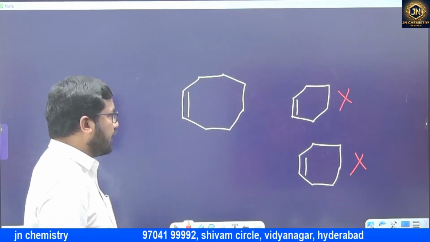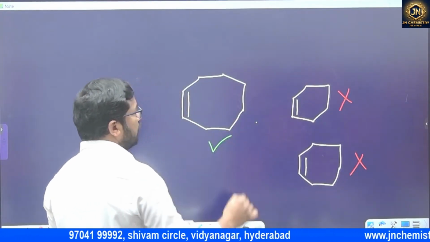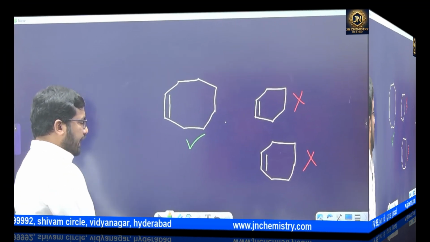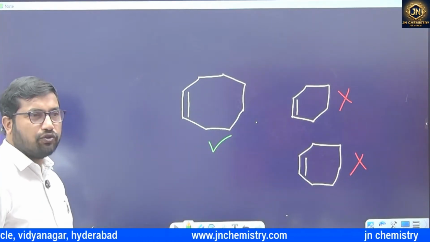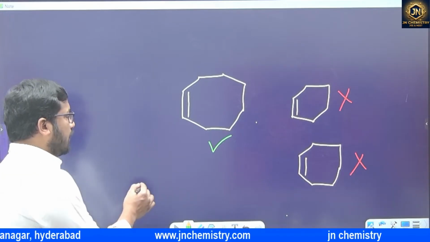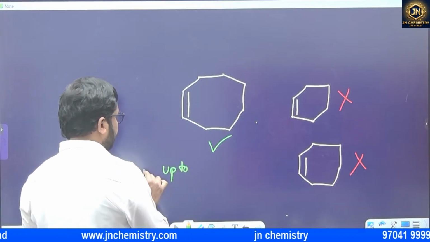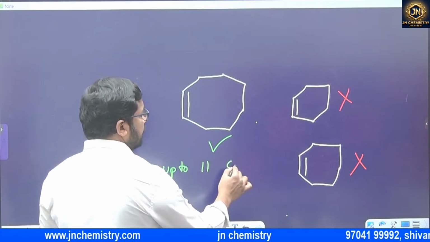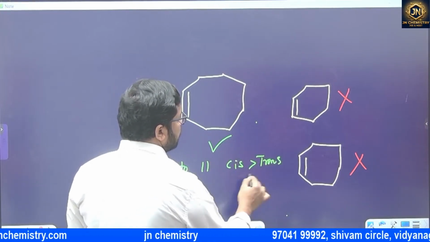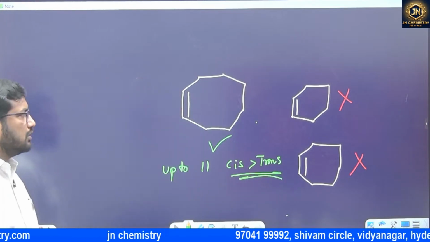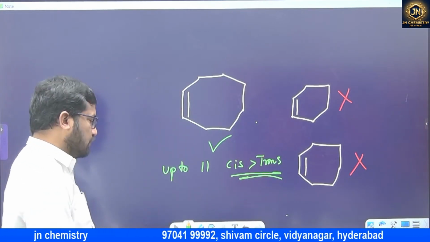And for 8 to 11, generally trans is more stable, right? But up to 11, up to 8 to 11, cis is greater than trans. Cis is greater than trans. After 11, trans is more stable.